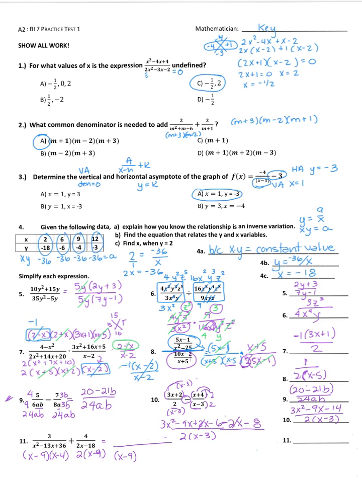They're both going to need a common factor of 2, so this one will have to get multiplied top and bottom by 2. And the second one needs the x minus 4.